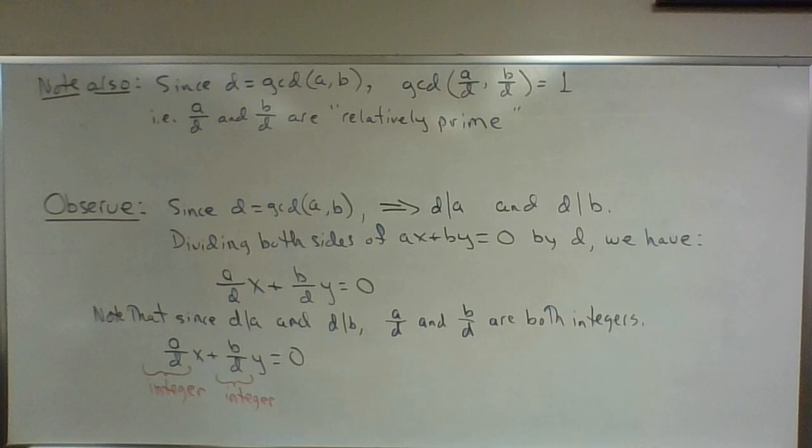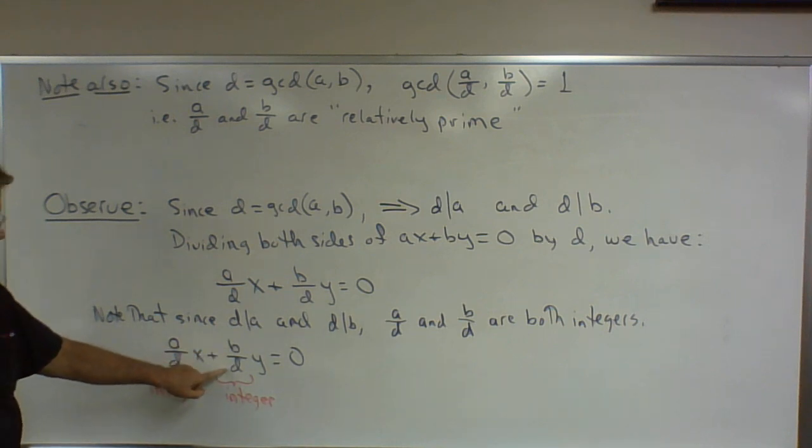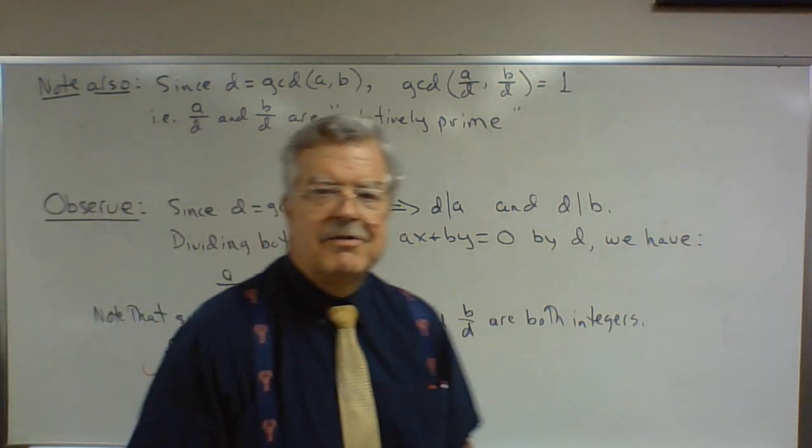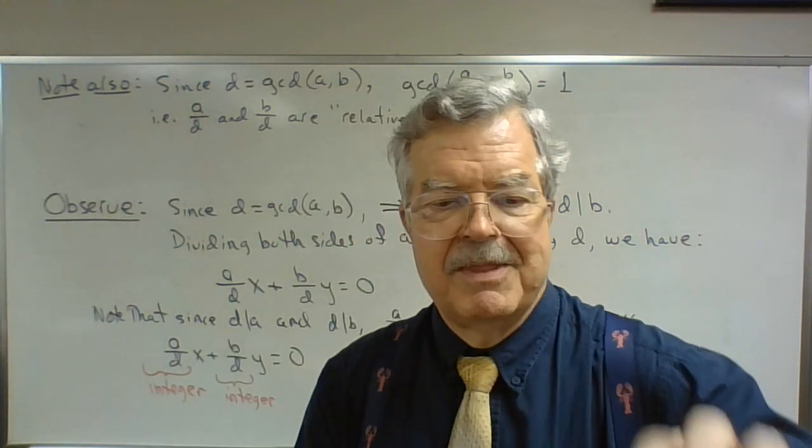So we have this equation, integer a over d x plus integer b over d y equals 0. And a over d and b over d are integers. Not only that, but a over d and b over d are relatively prime. Let me erase this board and see if we can finish this baby off.